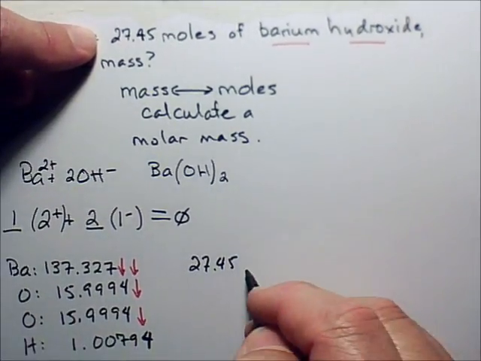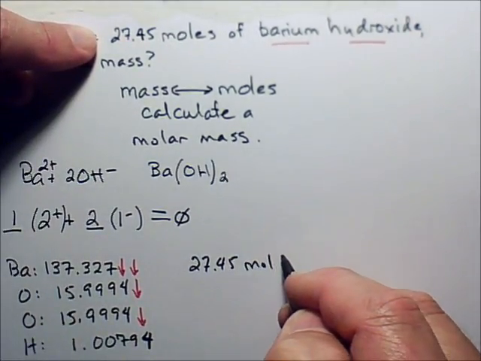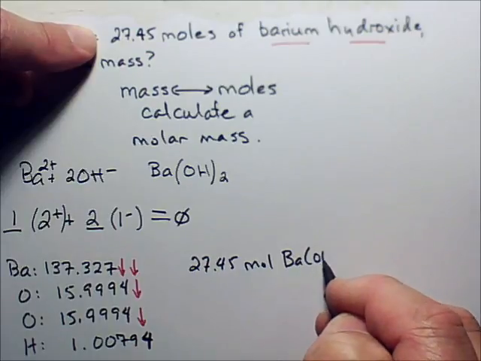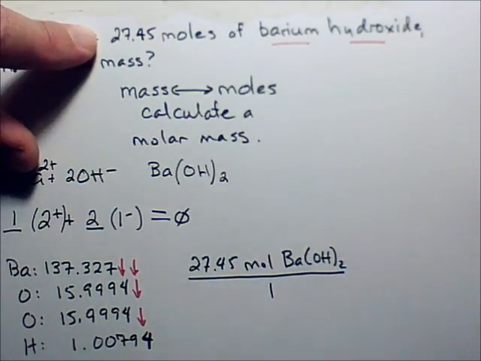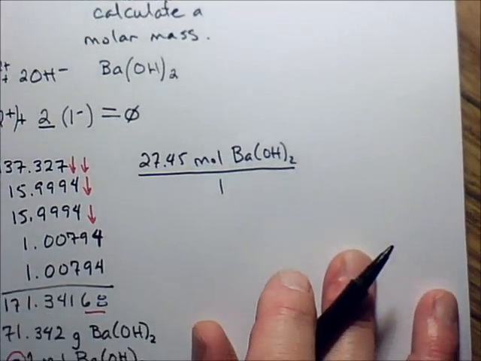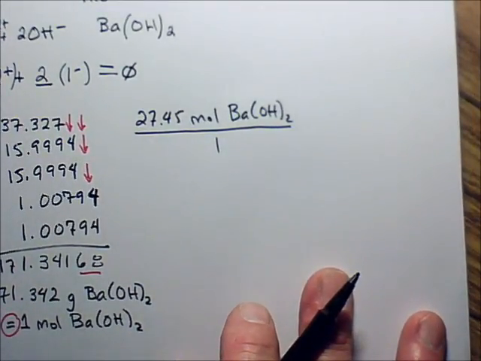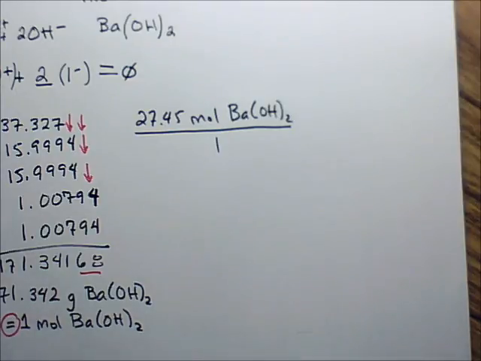27.45 moles of barium hydroxide over 1. And then we're going to use this equality statement to build a conversion unit.